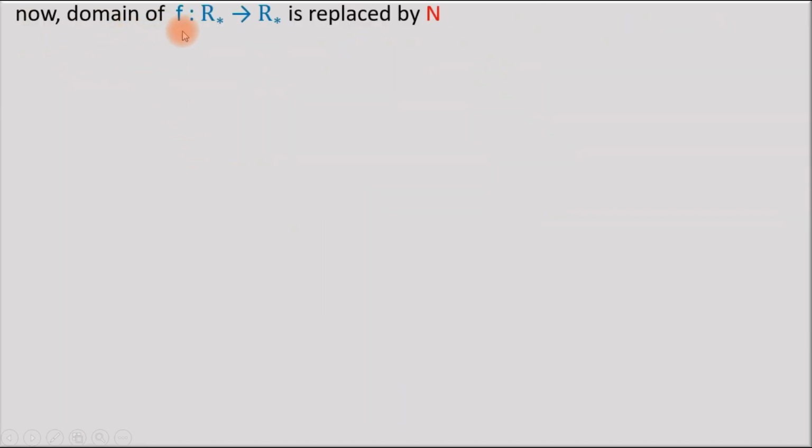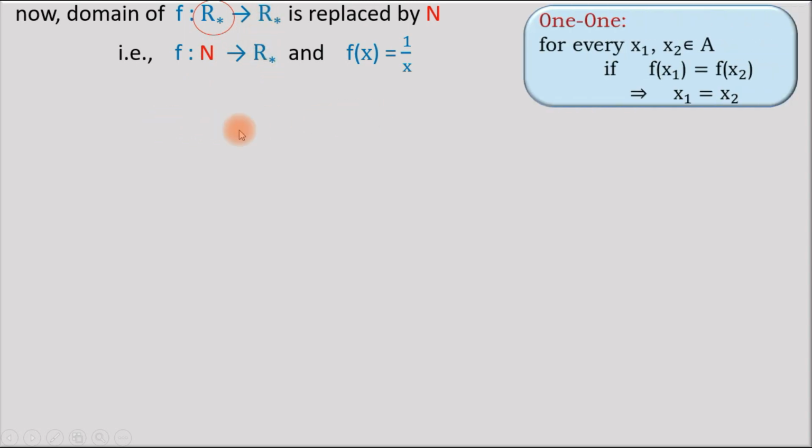Now the domain of f from R star to R star is replaced by N, that is, the domain is replaced by N, codomain being the same as R star. To check for the 1-1 condition, for every x1, x2 belongs to domain N, f of x1 equals f of x2.